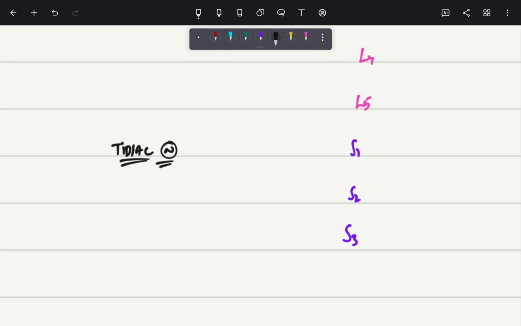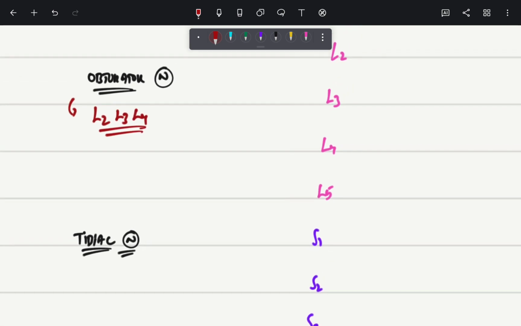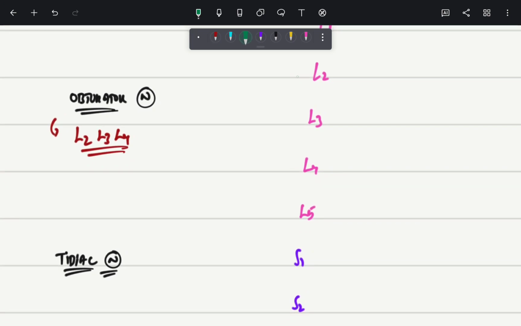So the anterior division is going to form mainly two nerves, which are your obturator nerve and your tibial nerve. So the obturator nerve is derived from L2, L3, L4. So as you can see here, the L2, L3 and L4 will fuse together and form your obturator nerve.